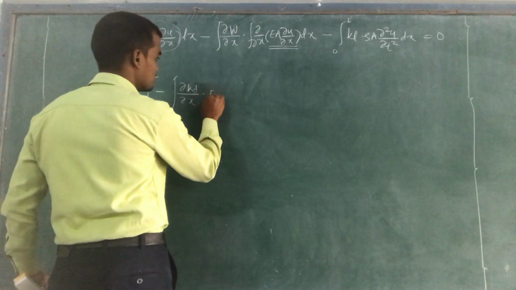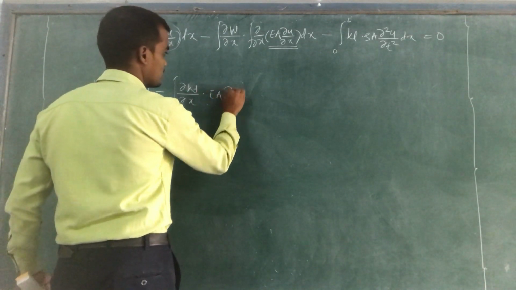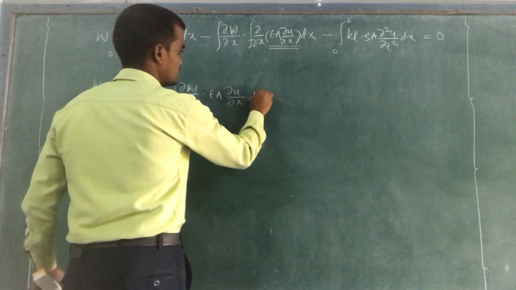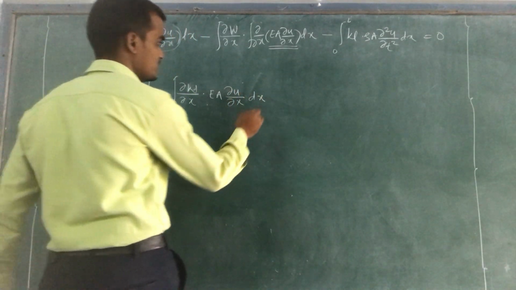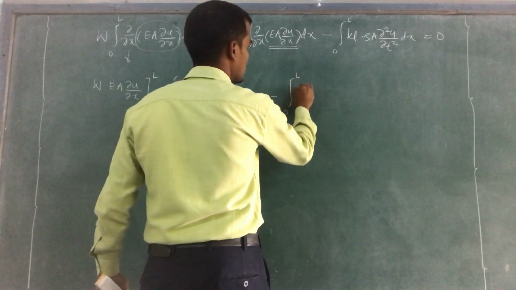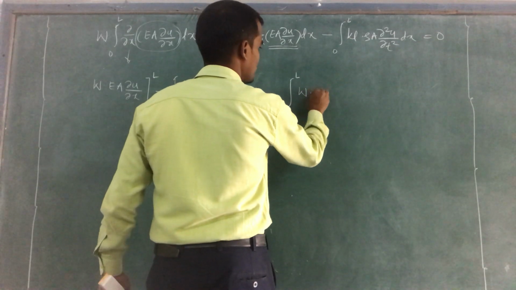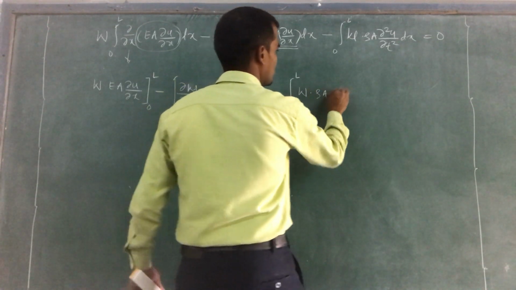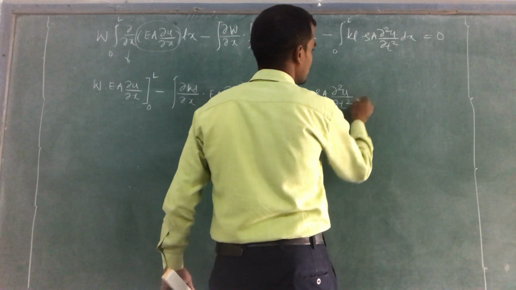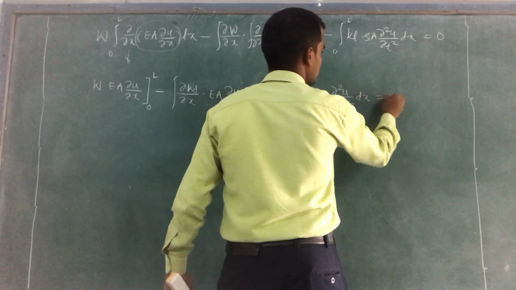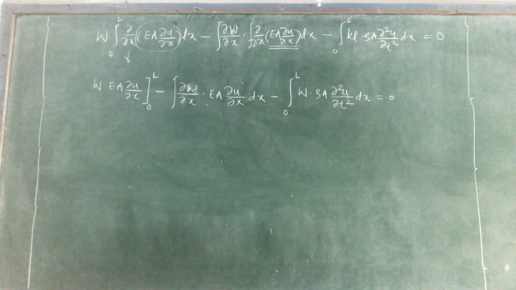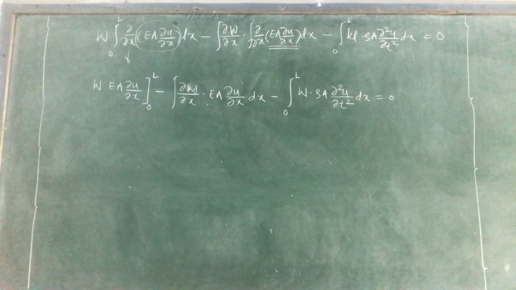So this will become EA ∂u/∂x dx, minus integration 0 to L of w into rho A ∂²u/∂t² dx is equal to 0. So in this way we have simplified this first term.